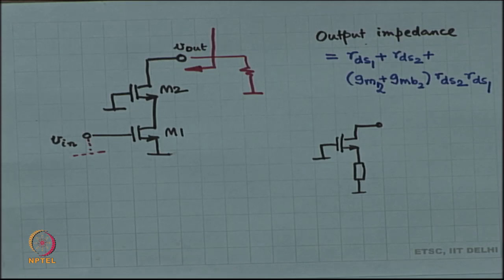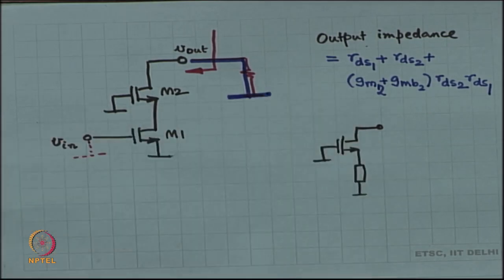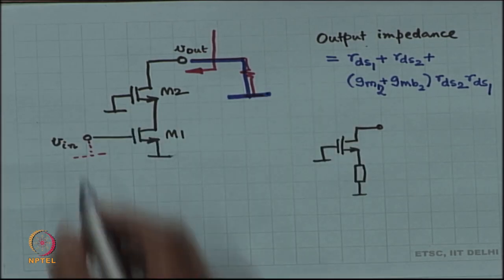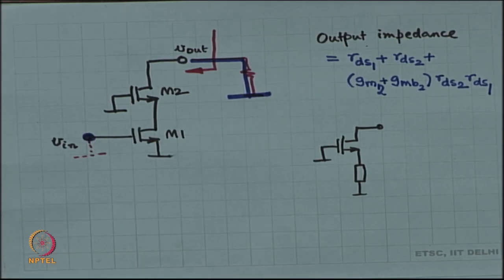We have to find out the short circuit current, short circuit transconductance or short circuit current, whatever you want. So, to find out the short circuit current, we are going to first ground this, then we are going to apply an input V in and see what happens.